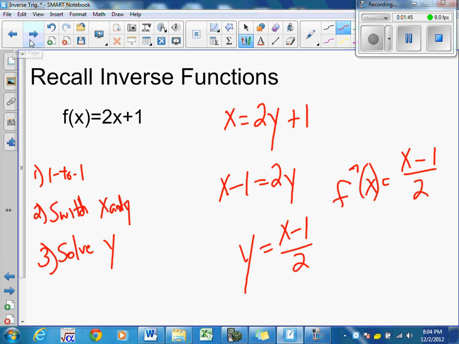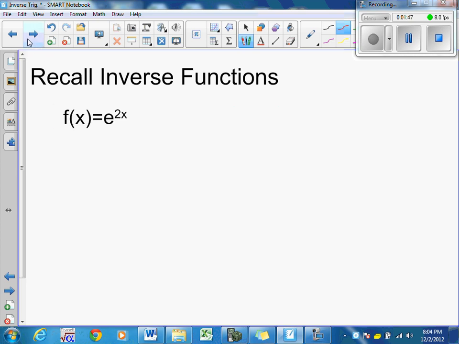So another one. f of x equals e to the 2x. Now we didn't look at this when we did inverses because we hadn't learned about e yet. But the same thing works. x equals e to the 2y. But now we have a problem. We can't just multiply or divide. We actually have to put this into logarithmic form, which is the natural log of x equals 2y.